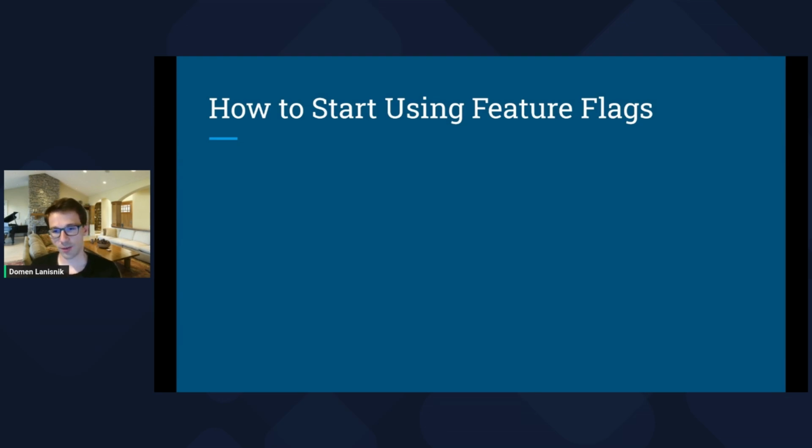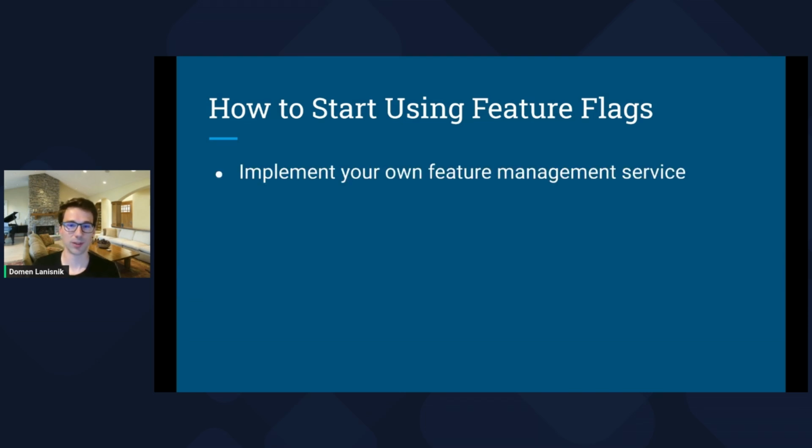Cool. So we covered a lot of theory now, but you're probably wondering how you can get started using feature flags. So there are a couple of different options that you can start. The most complex one is to implement your own feature management service.